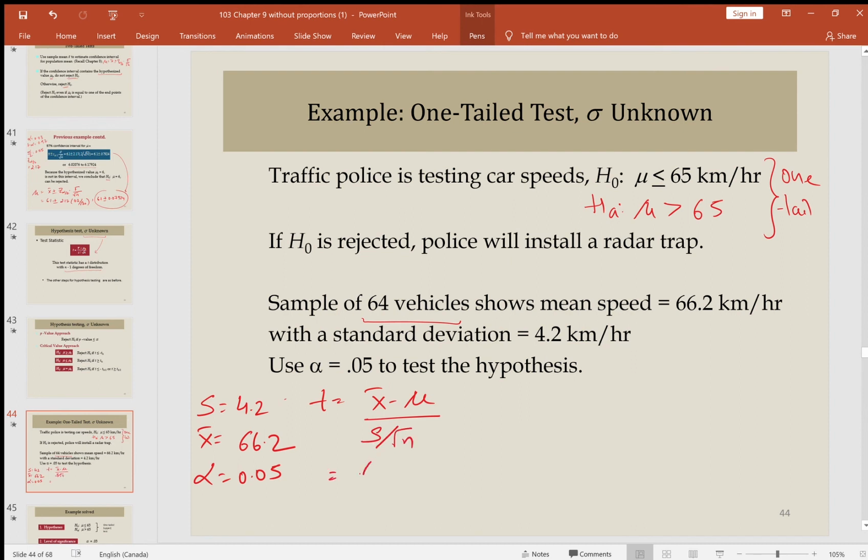So 66.2 minus 65 divided by 4.2 divided by square root of 64, and this comes to 2.286.